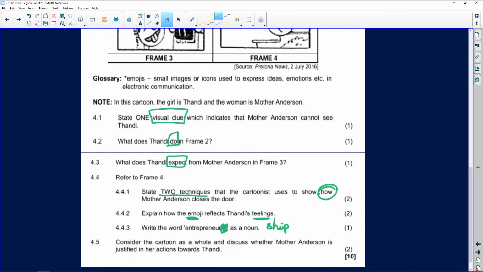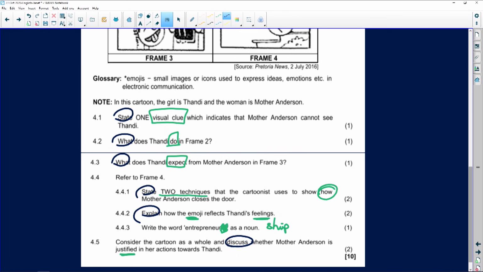And then discuss whether she's justified in her actions. Now, if we look at our keywords, at our question words, we are stating what, state, explain, and we have to discuss. So the questions are fairly straightforward and the keywords are fairly obvious.